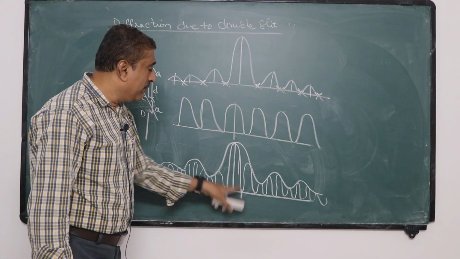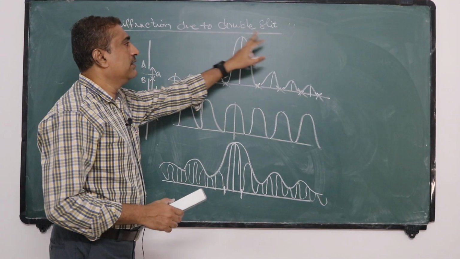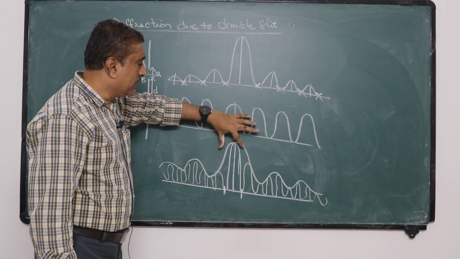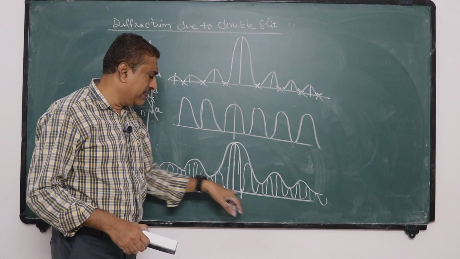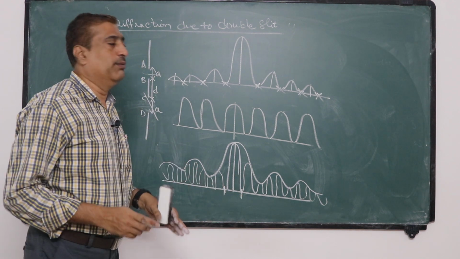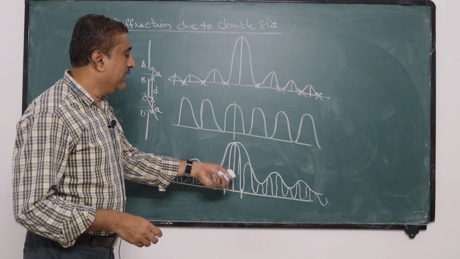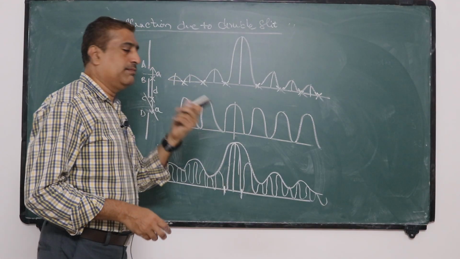So we get two minimums in this bright maximum. In diffraction due to double slit, we get a principal maximum in which there are two dark lines corresponding to interference minimums. This is the resultant pattern due to diffraction by a double slit.